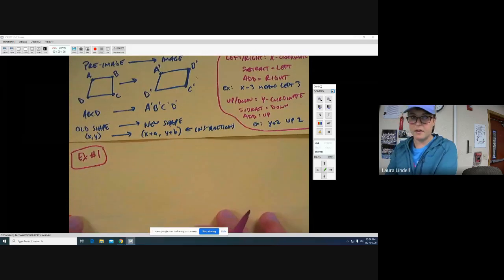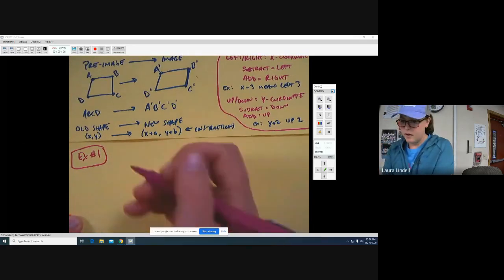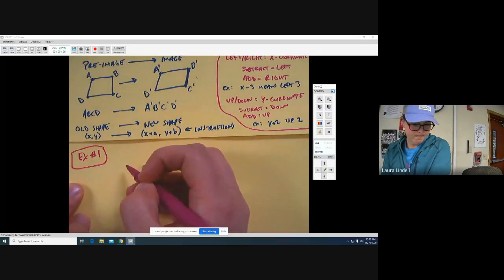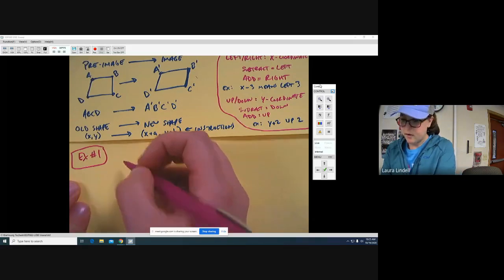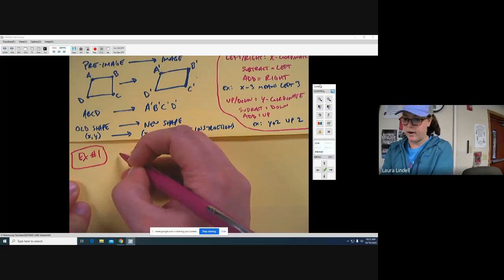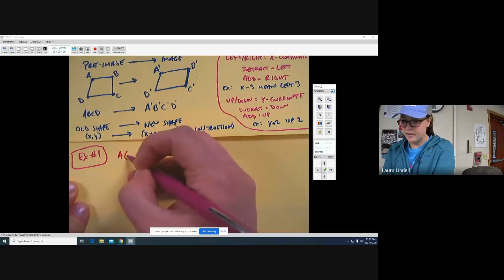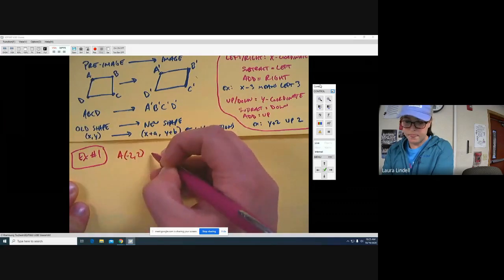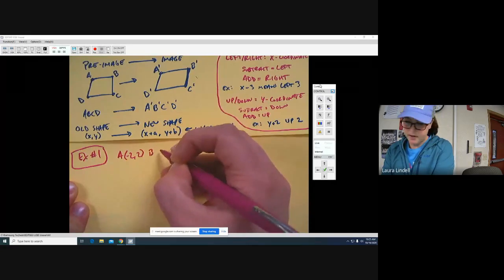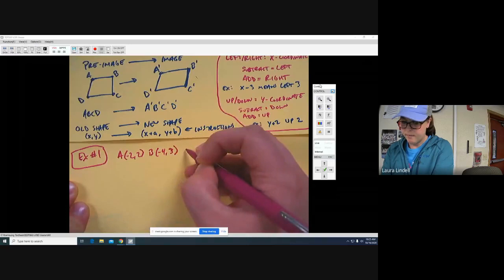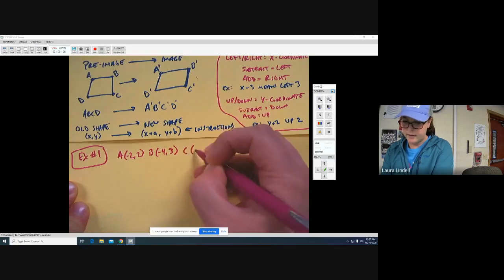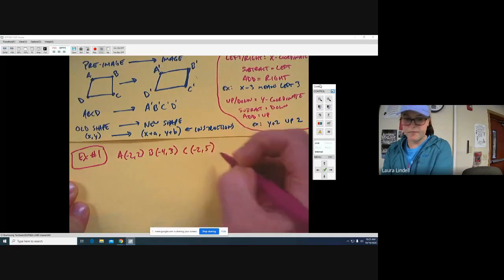Okay. First example. We might be told that we've got this shape where A is (-2, 2), B is (-4, 3), and C is (-2, 5).